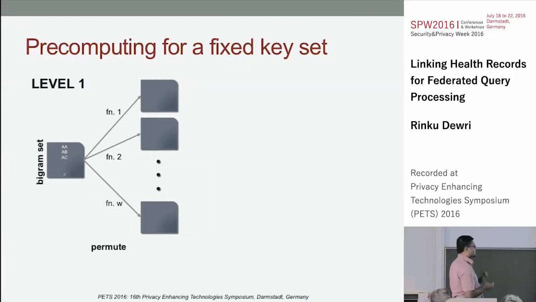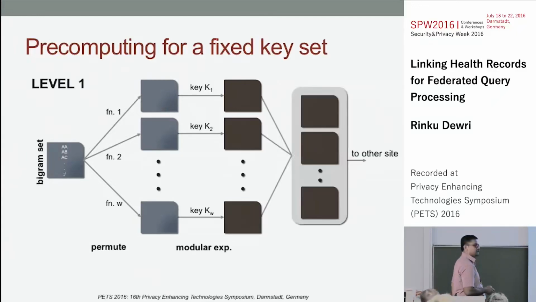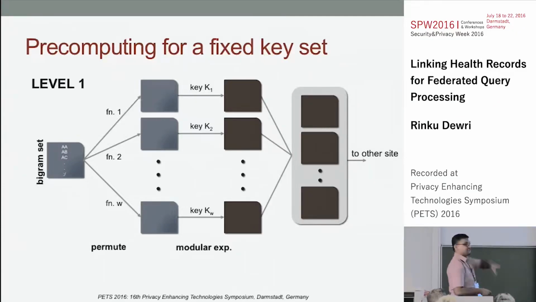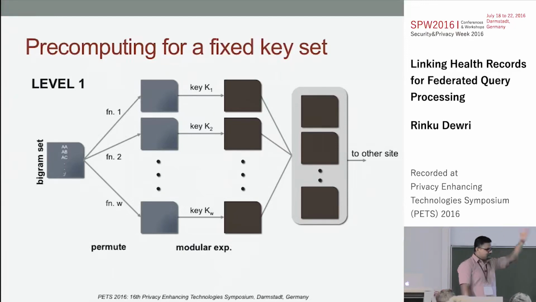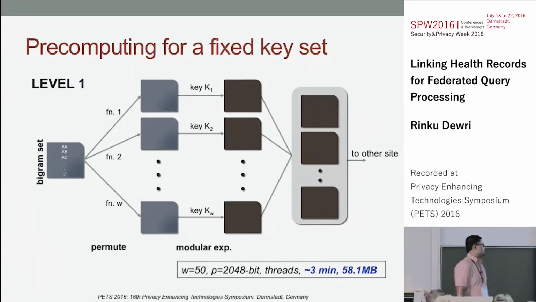So no one knows what is here except for the party, which then does a pre-computation, basically a modular exponentiation on every bigram in the permuted set. Then it combines all this together and sends it to the other side, side B. Similarly, this side is also going to receive something from side B. It's the level 1 output.